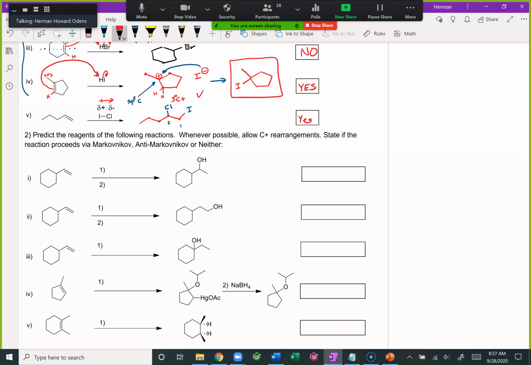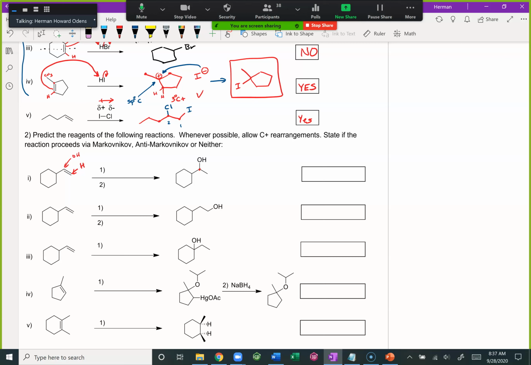So notice that this reaction puts the OH on the secondary carbocation. That means one hydrogen goes here and the OH goes here.